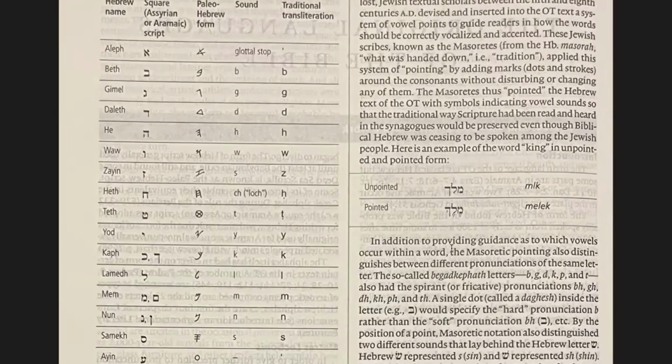In addition to providing guidance as to which vowels occur within a word, the Masoretic pointing also distinguishes between different pronunciations of the same letter.